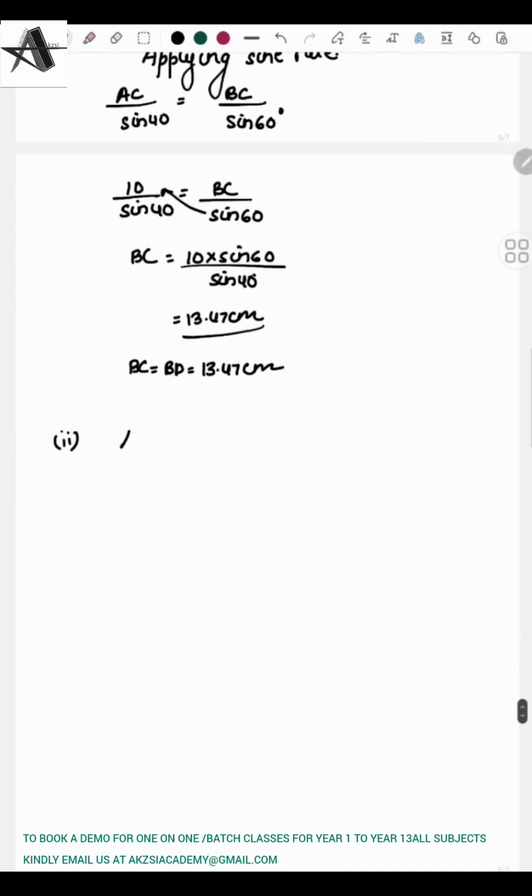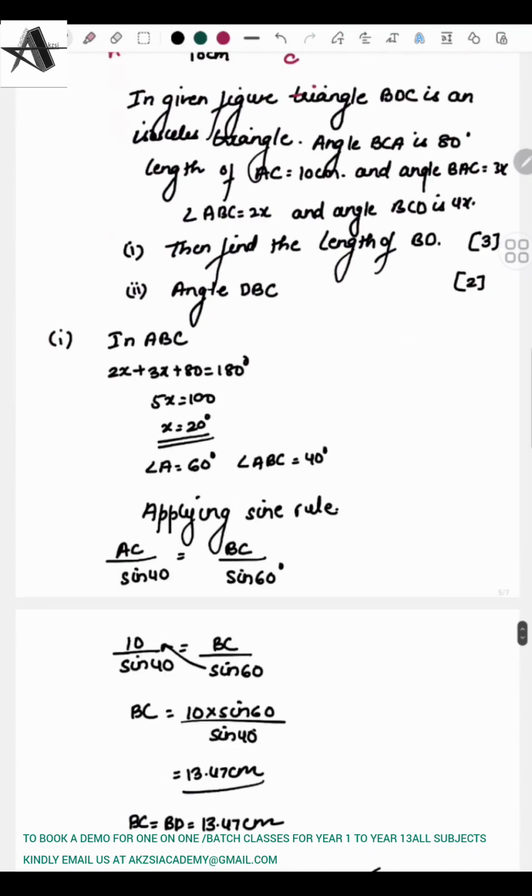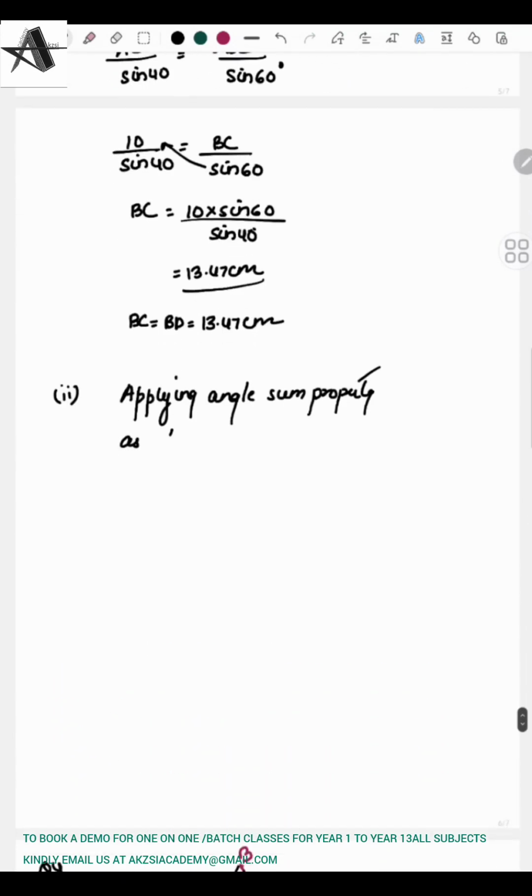So now applying angle sum property, as triangle is which triangle? BDC. As triangle BDC is isosceles, therefore two angles are 80 degrees.